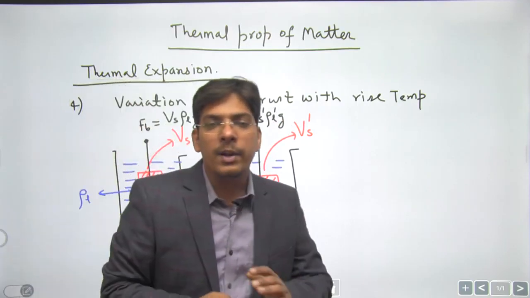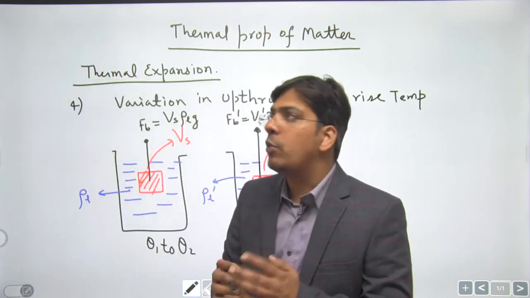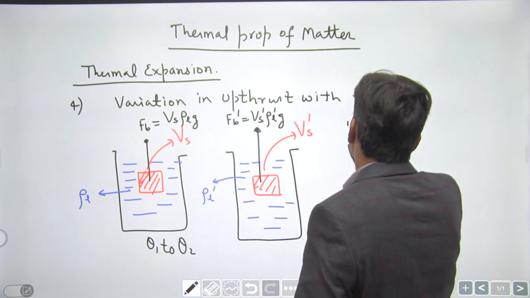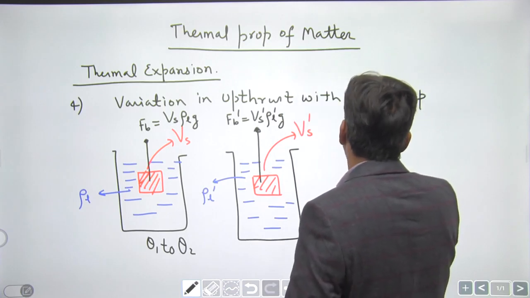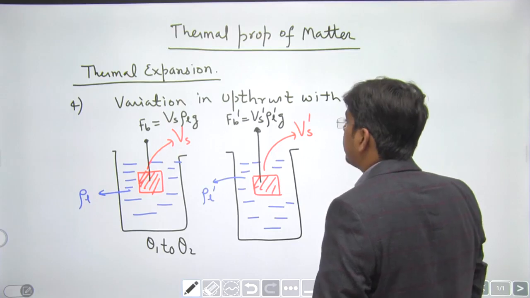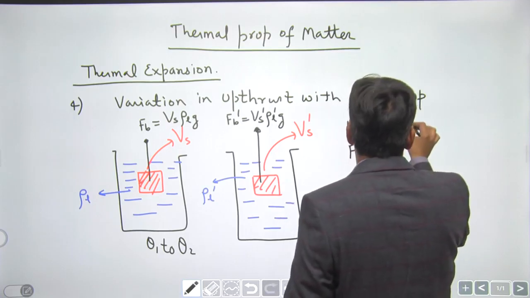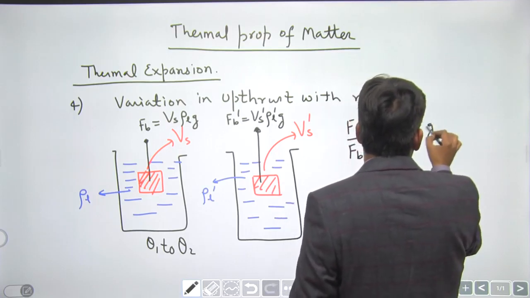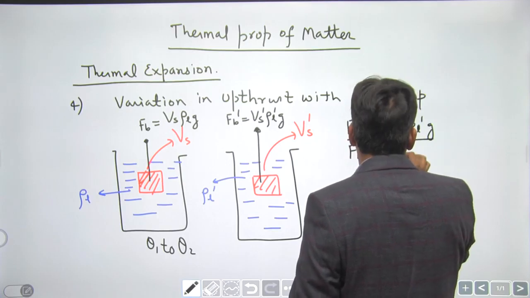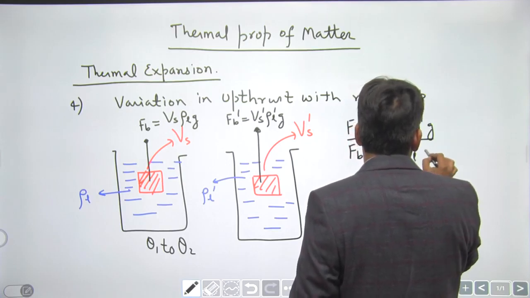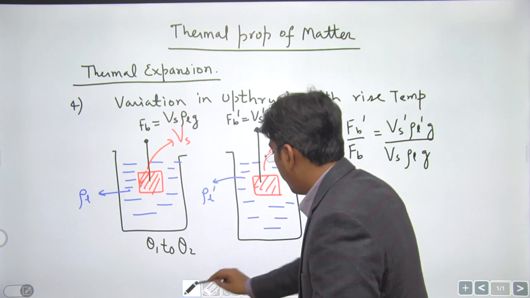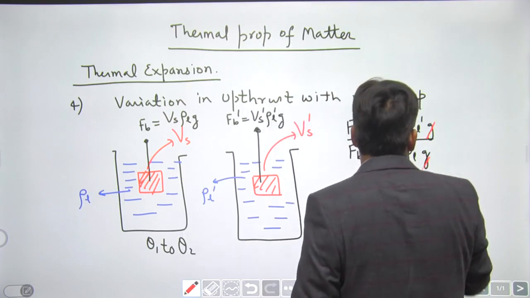Let us now divide the new buoyant force by the old value of buoyant force. This is Fb dash divided by Fb. We are going to get Vs dash rho L dash into g divided by Vs rho L into g. Now g is going to cancel.